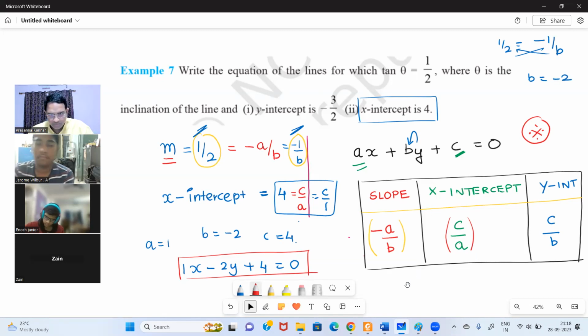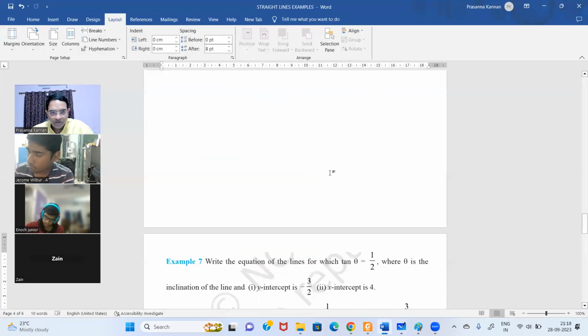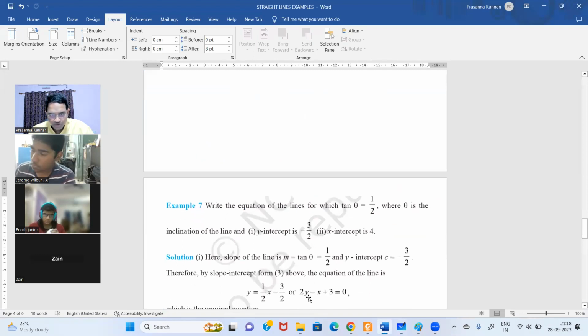Let's verify your answers now. Question number 7. So the first equation is 2y minus x plus 3, or you can write it as x minus 2y minus 3 equal to 0. Is it right?